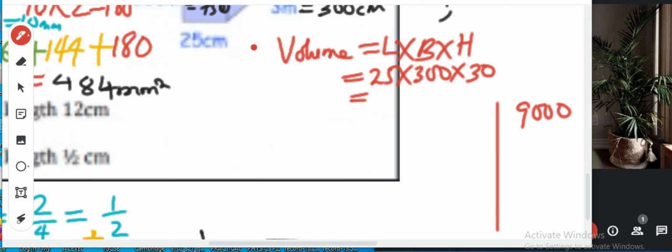I can actually say 25,000 times 9, so it's easier to use 25,000 times 9.